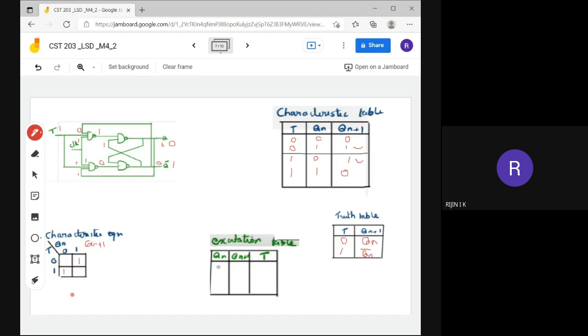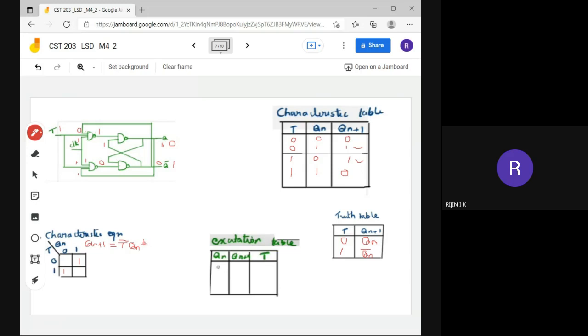So what will be Qn plus 1? Can we group these? No. So first we can select this one. It is T bar Qn.